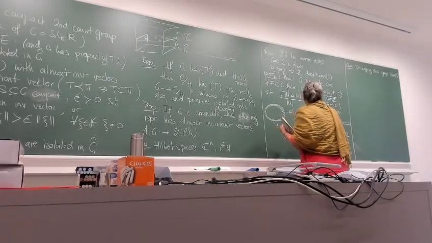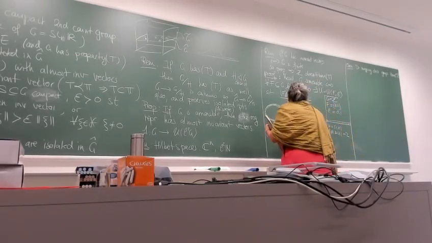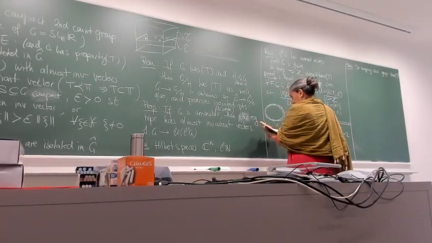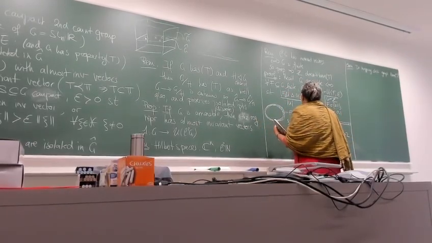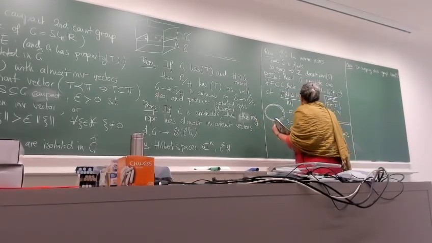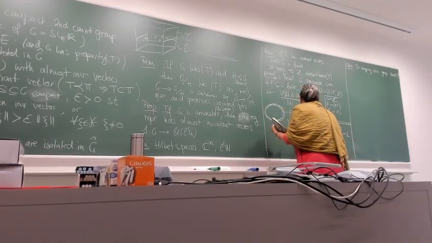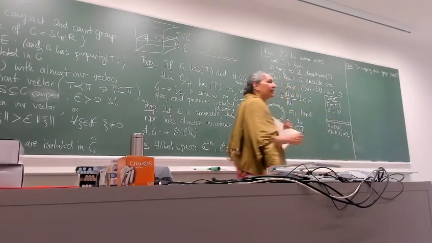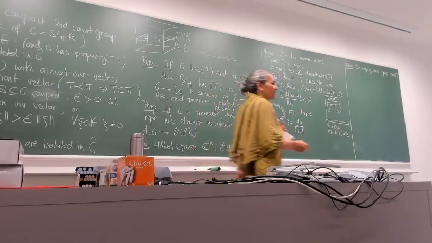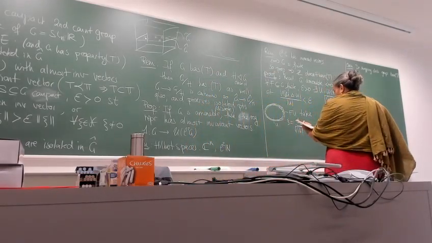So once you've done that, you take psi, which is the characteristic function of U divided by the square root of its size. This is the normalized characteristic function of U. And then you compute.